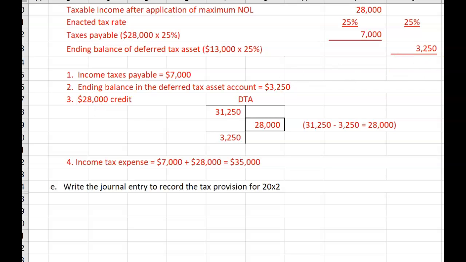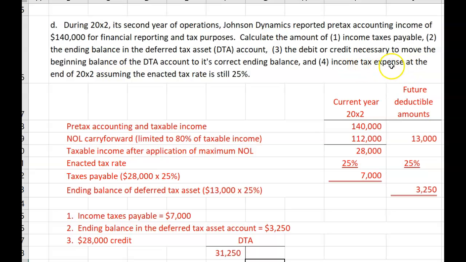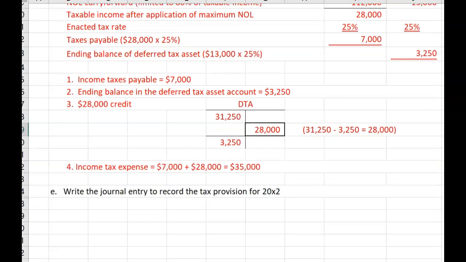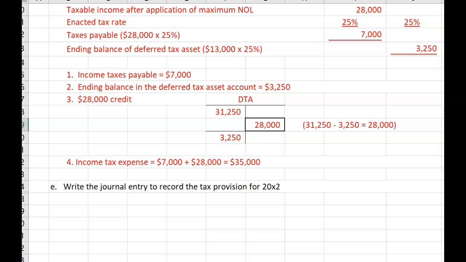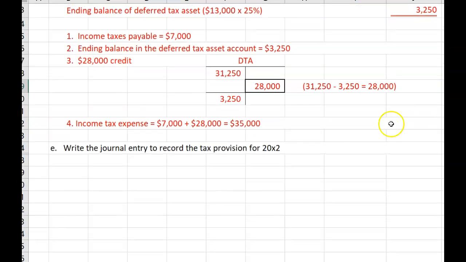Number 4 asks, how much then is income tax expense at the end of 20X2, assuming the tax rate is still 25%? As I said earlier in this problem, as it says in the textbook, as I stated many times in the instructor video lectures for Chapter 16, the income tax expense is a plugged number.